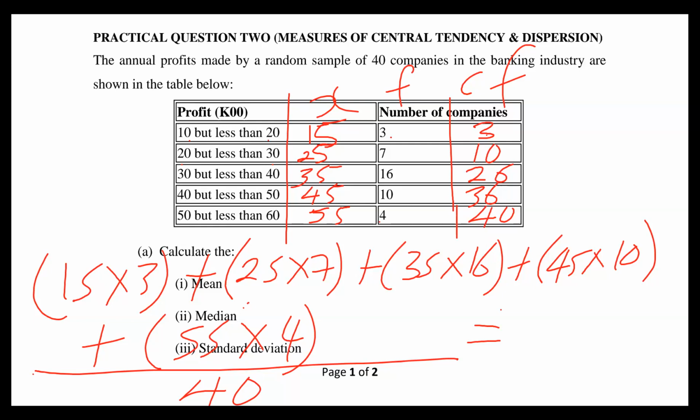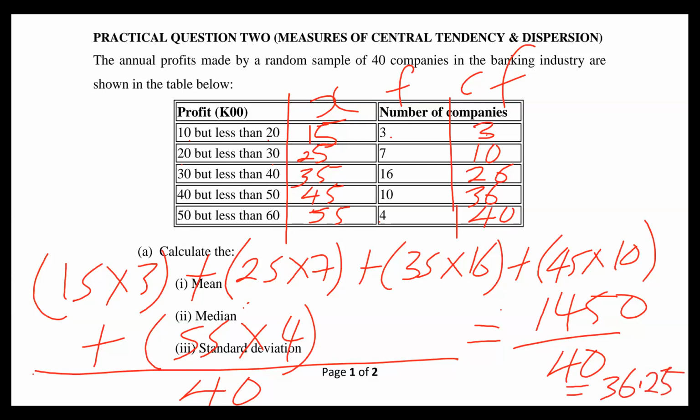I find 1,450, to divide that by 40. What are you finding? Find yours too, or confirm with me. Okay, it's finding the same. 1,450. All right. So when you divide, what is our mean? 36.25. We can round off to 2 decimal places.